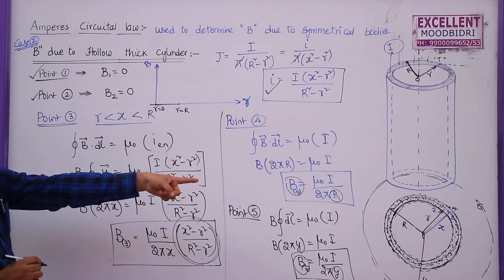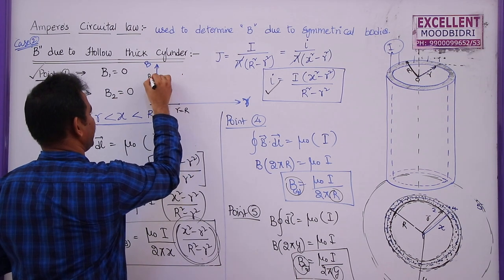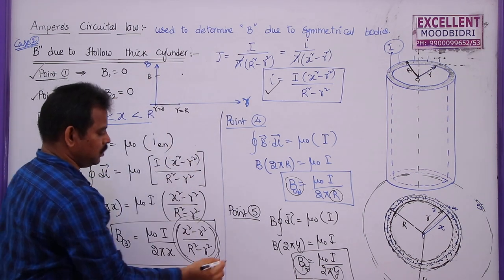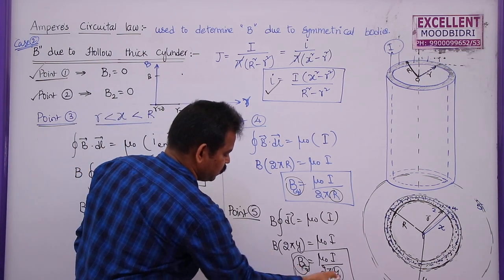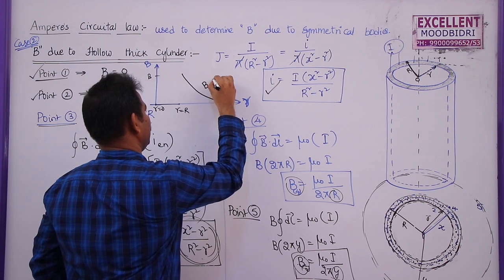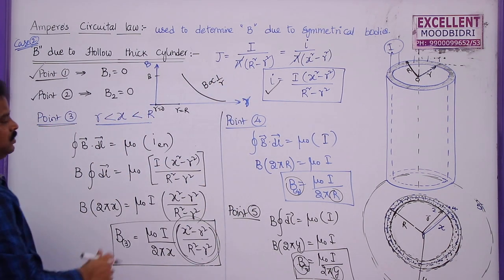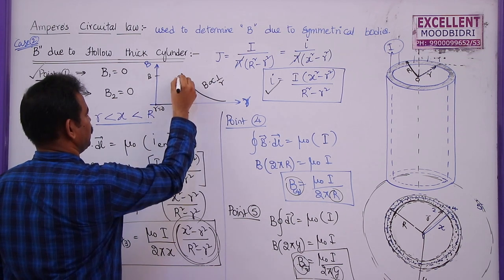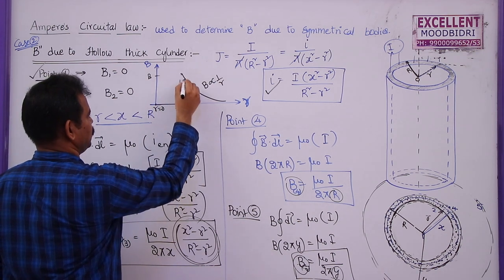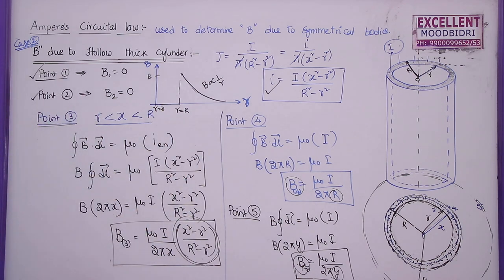Suddenly from the third point, what happens? The magnetic field rises to a value. So this is the maximum magnetic field. After that the magnetic field is inversely proportional to distance. So this is a rectangular hyperbola. Away from that coil it gradually decreases. So this is the variation of magnetic field with the distance.